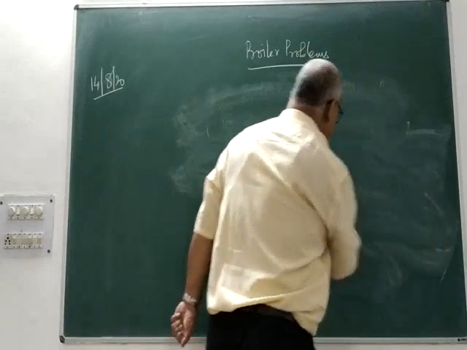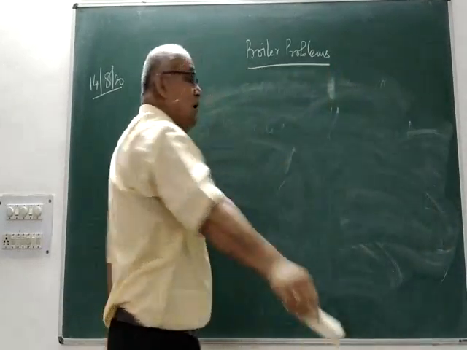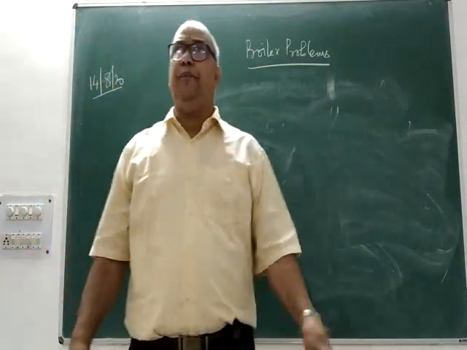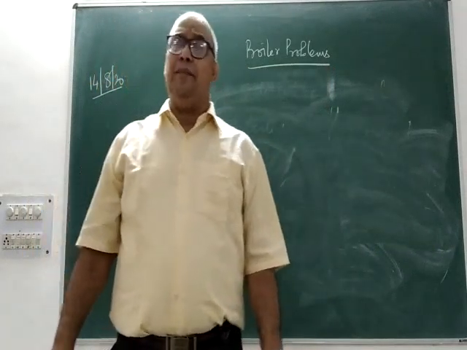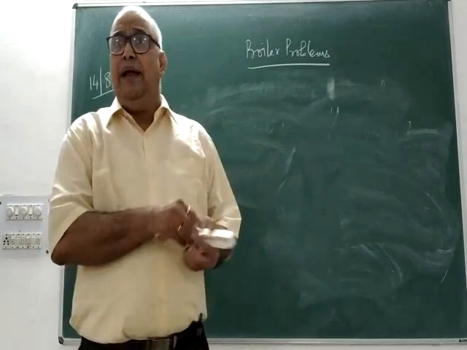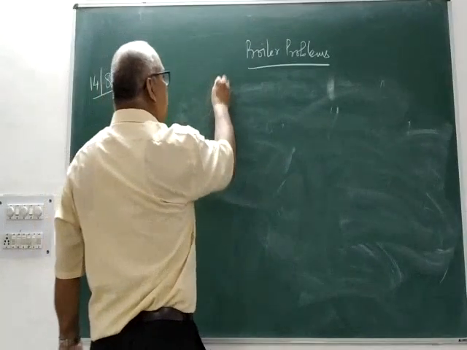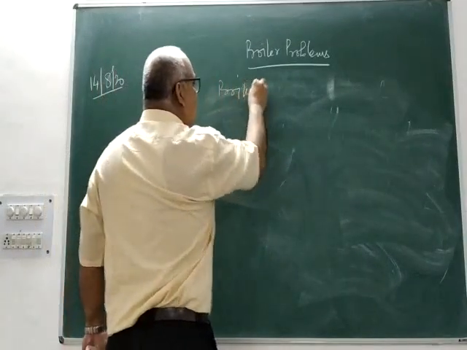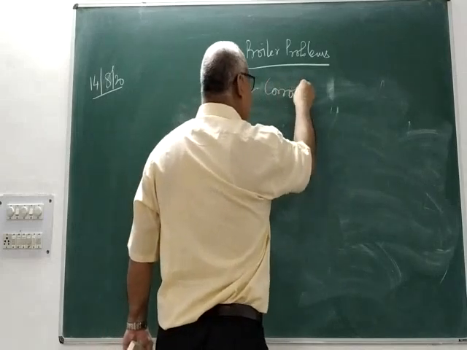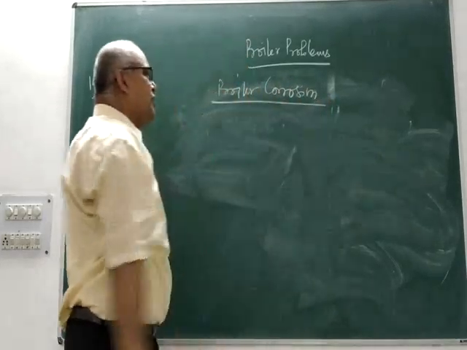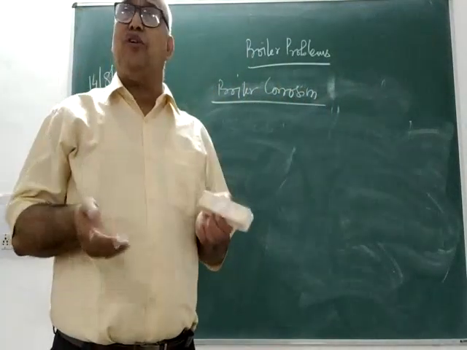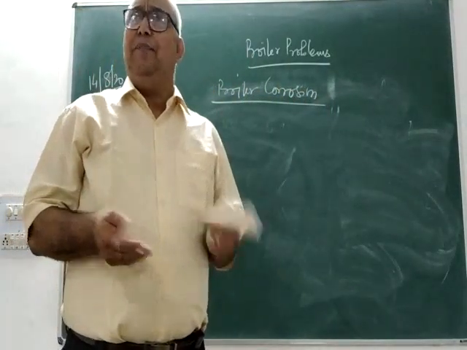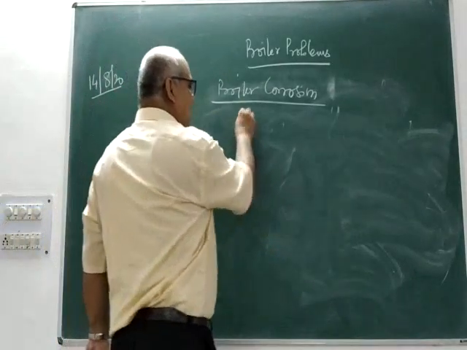Now, another type of boiler problem was caustic embrittlement, which we have already discussed. Now boiler corrosion. This is our direct problem as far as boiler is concerned. And how corrosion takes place we have seen earlier. Basic principle is like that only.